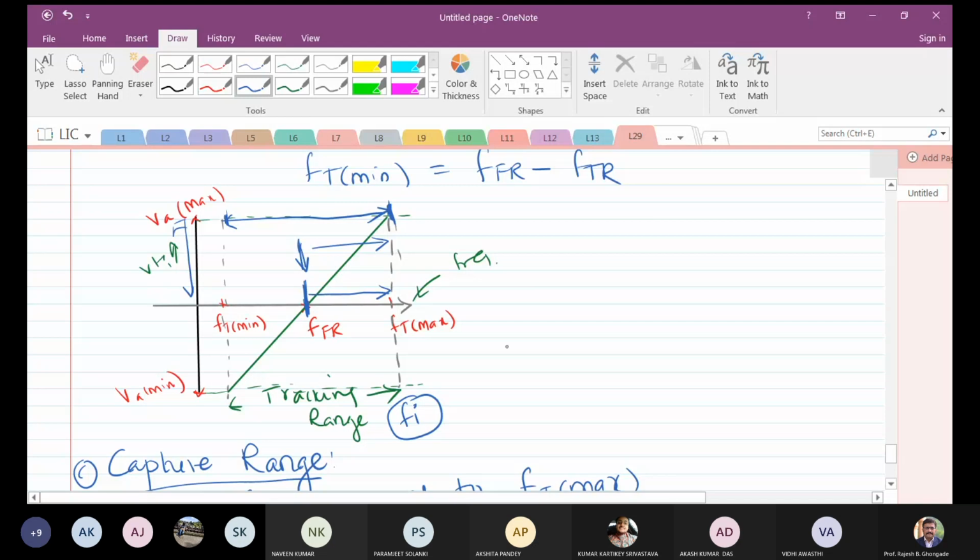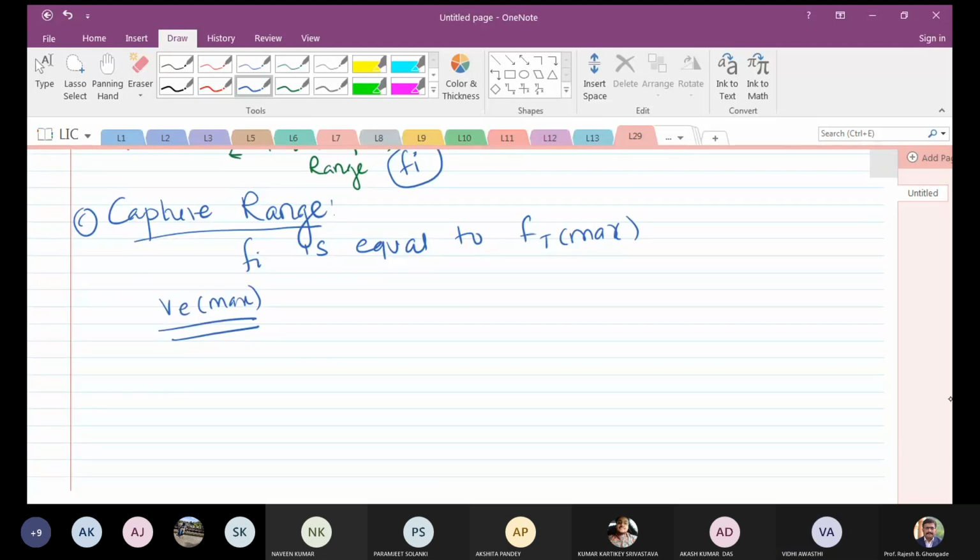So when will this be possible? Only when maximum VE is generated, since VA is dependent on VE. But VE itself is the average output voltage proportional to the average phase difference between Fi and FO. We already know that.